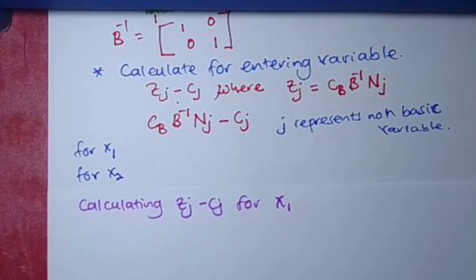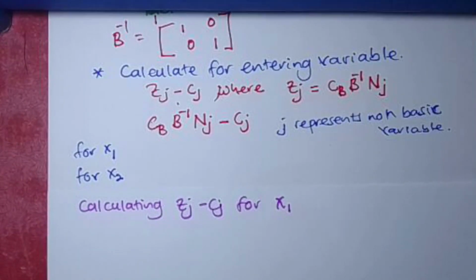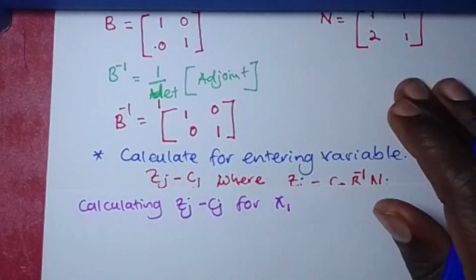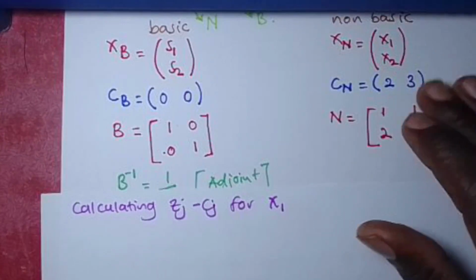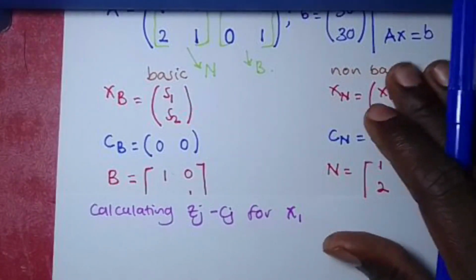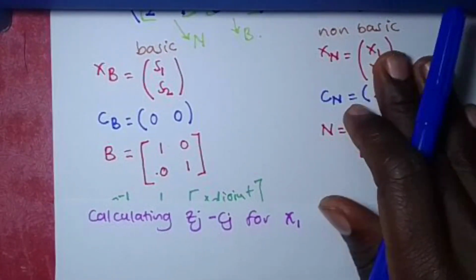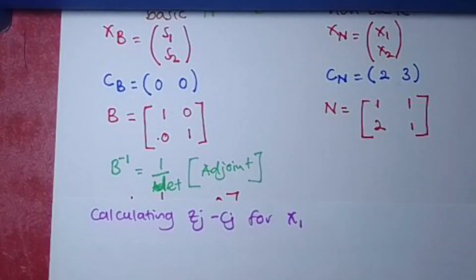Remember, in maximization problems, we always look for the smaller one. So we shall calculate and see which value is smaller. That value will be the entering variable. Let us calculate for x1 first. Now we shall need to keep these two tables near us, where we have the basic and the non-basics.